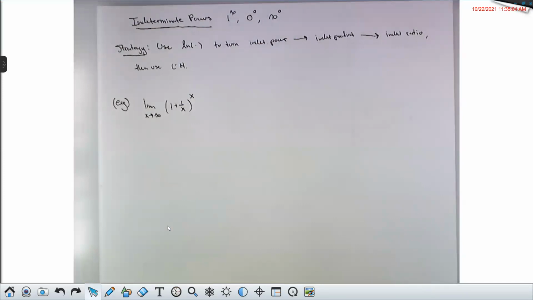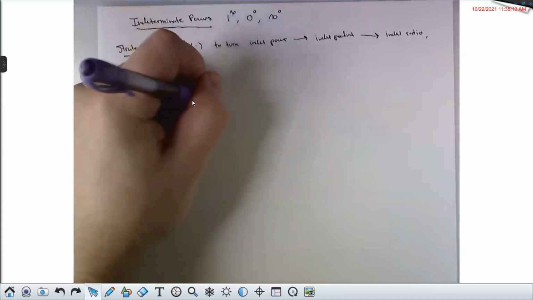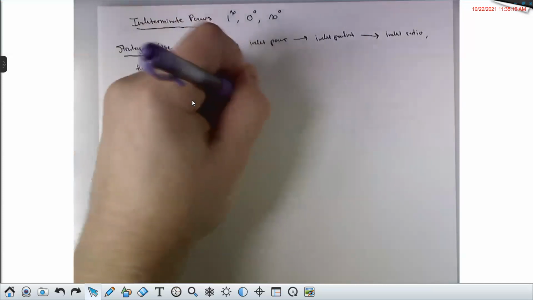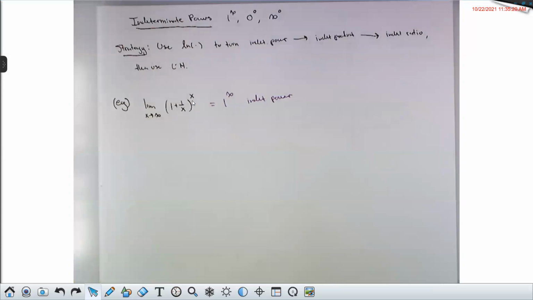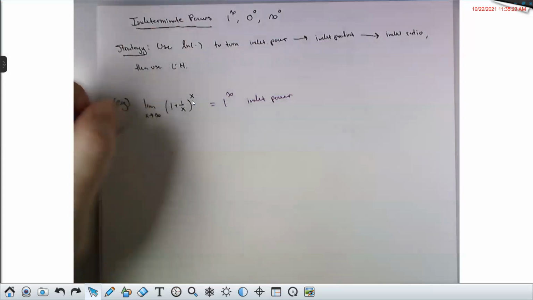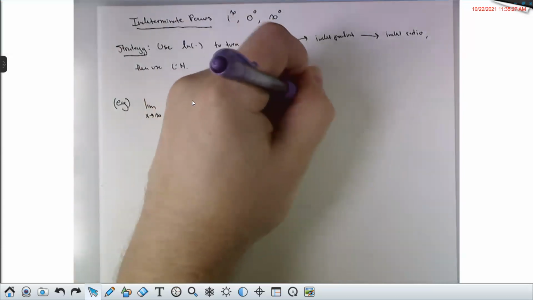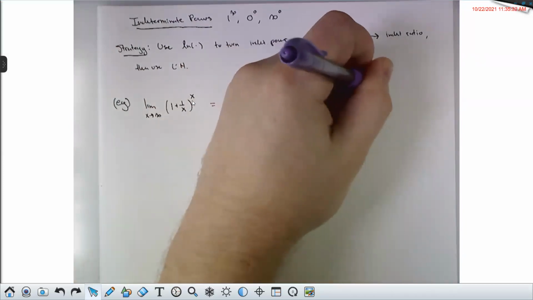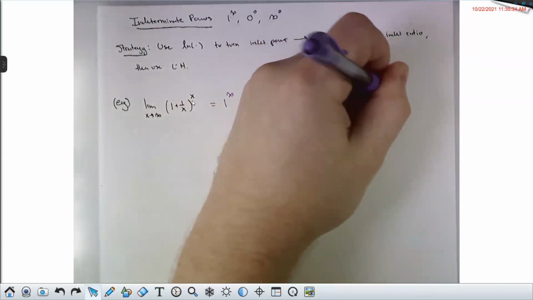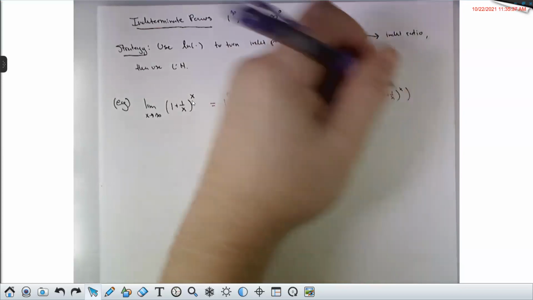And as we send x to infinity, the 1 over x piece here is going to 0. And the x piece up here is going to infinity. So this looks like 1 to the infinity, which is an indeterminate power. So what I'm going to do is work with the natural log of 1 plus 1 over x to the x instead.